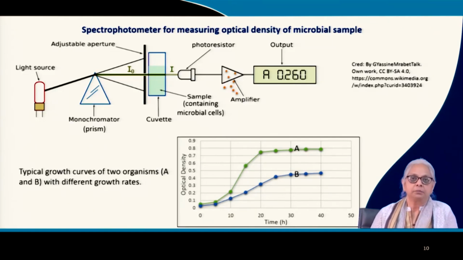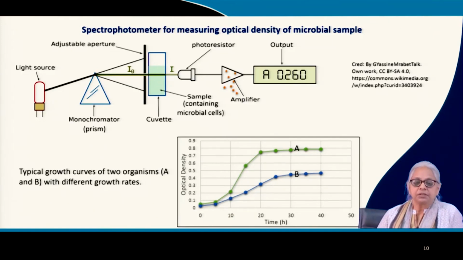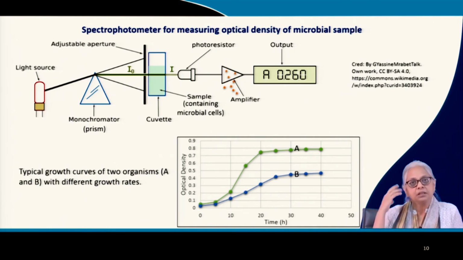Then we come to another method, which is called optical density measurement. So you can grow your cells in a clean nutrient media. When it has no cells in it, it will have a certain optical density, which will be close to 0, because the cell concentration is 0 at the time of the sterilized nutrient broth or whatever media you are using.